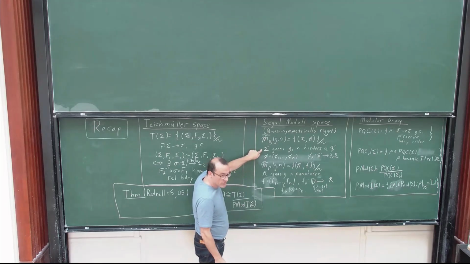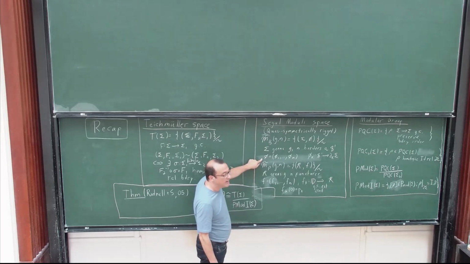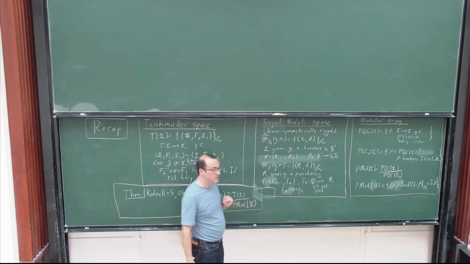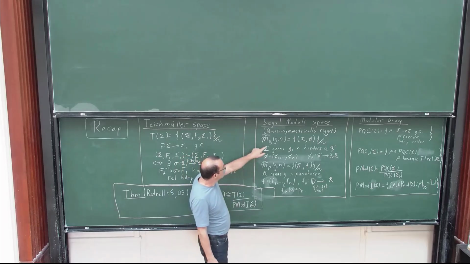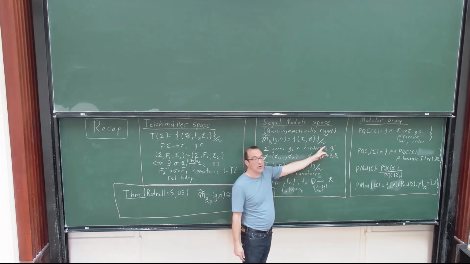So you have such a surface, genus g with n boundary curves, and you have n boundary parametrizations by the circle. And typically, as I said, those are usually taken to be smooth or analytic, but we'll choose them to be quasi-symmetric. And then you look at Riemann surfaces together with this data, the boundary parametrization, modulo conformal equivalence.